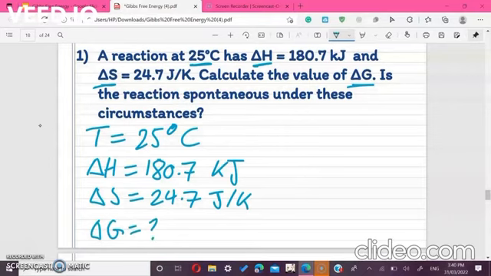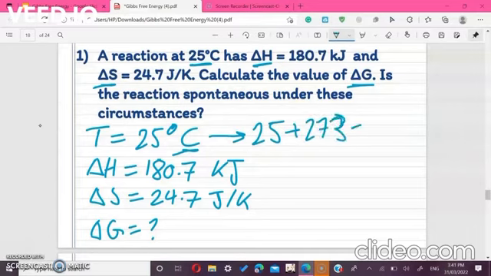Let's take a look at the units. Temperature is in degrees Celsius, and we know that temperature should be given in Kelvin. So we add 273 to the value. 25 plus 273 gives us 298 Kelvin.